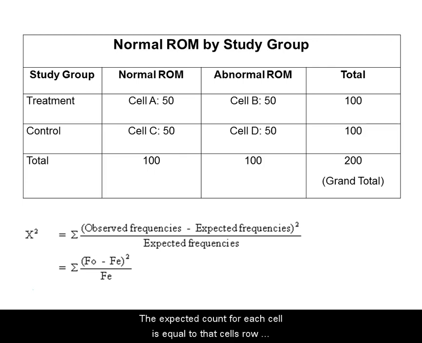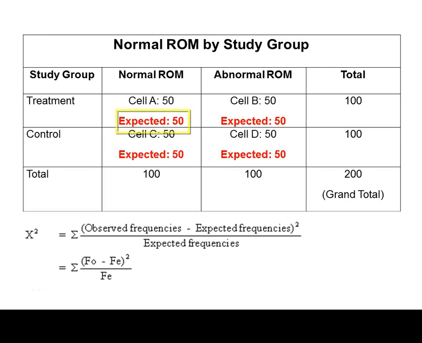The expected count for each cell is equal to that cell's row total times that cell's column total divided by the grand total. For example, for cell A, the expected frequency is 100 times 100 divided by 200, or 50.